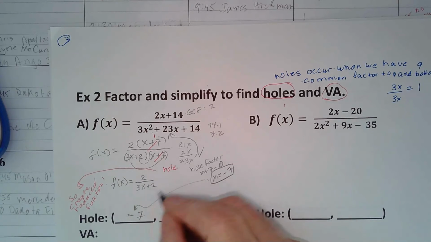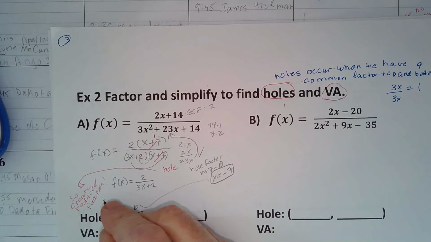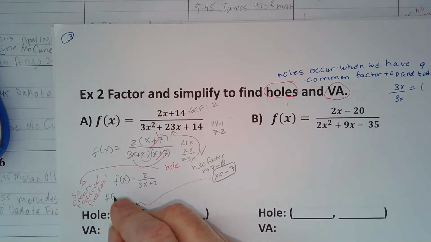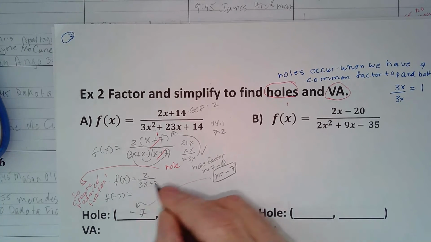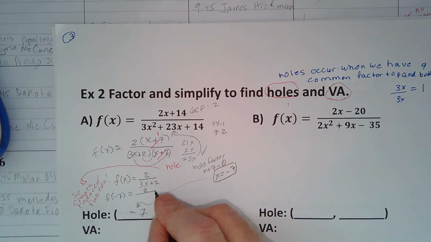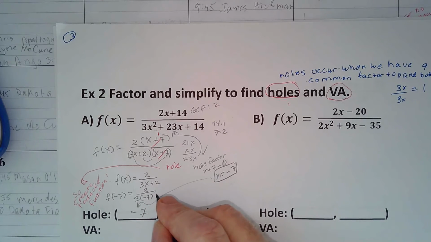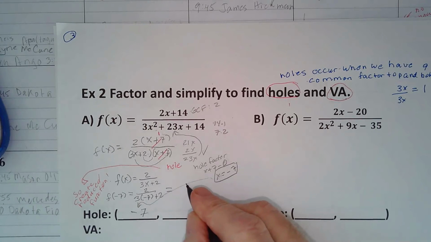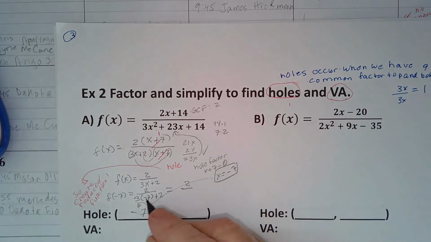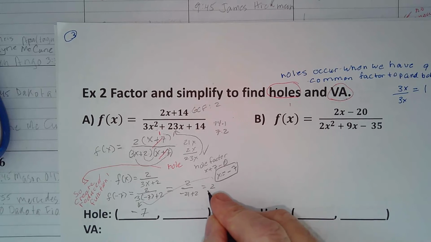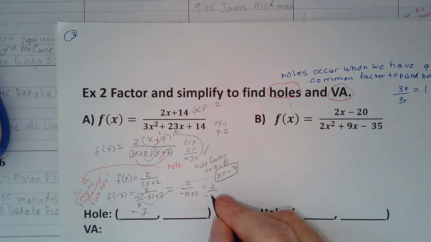All right, and then this is what we're left with, the reduced fraction. So I'm going to put this negative 7 in here for the x in f of x. So f of negative 7 equals 2 over 3 times negative 7 plus 2. And that's going to equal 2 over, what's 3 times negative 7? That's negative 21 plus 2, which equals 2 over negative 19.